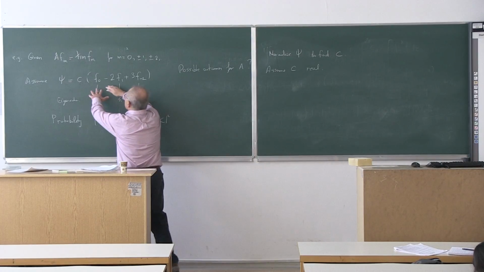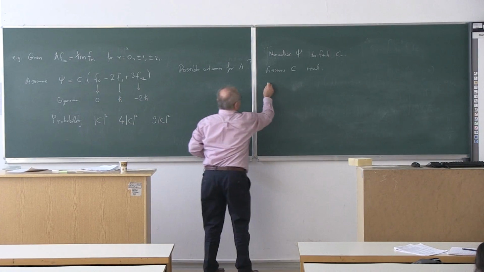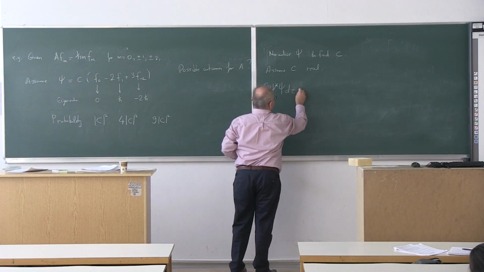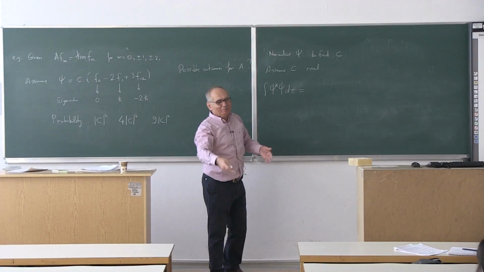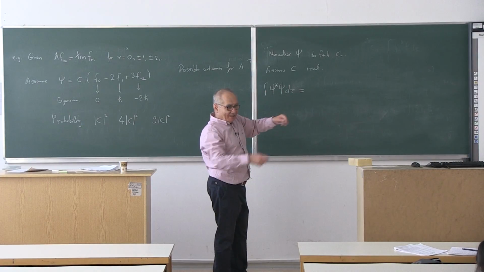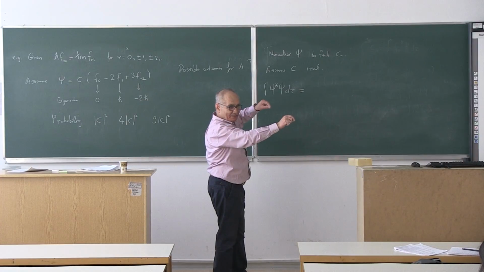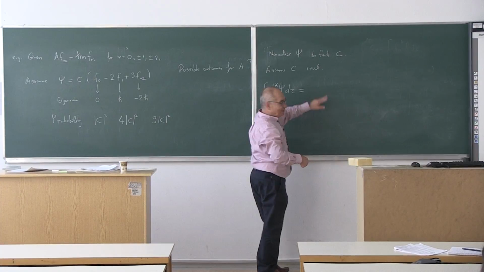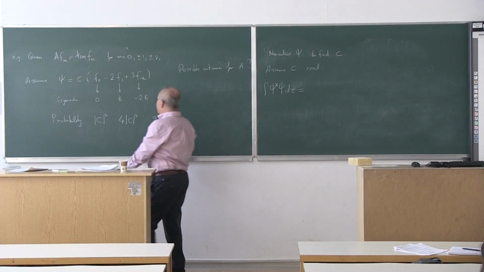Then, actually we had done this integral before for the linear expansion case. What was it? Sum of the coefficients, isn't it? So let us take the sum of the coefficients.